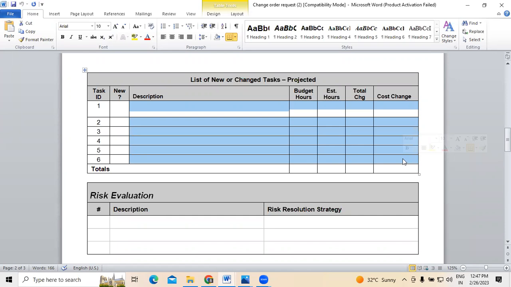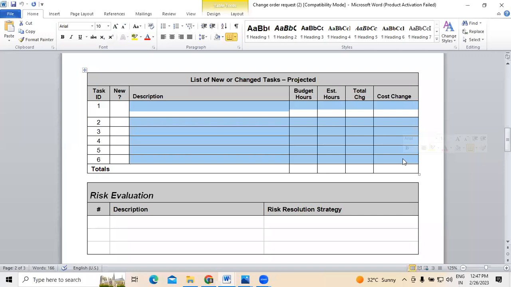Followed by this, you have to mention how much time it will take and how much cost it will take for us to complete. This is what we call projected. Projected means it's not actual. These are based on the observations we have, and these are the ones we are supposed to do.